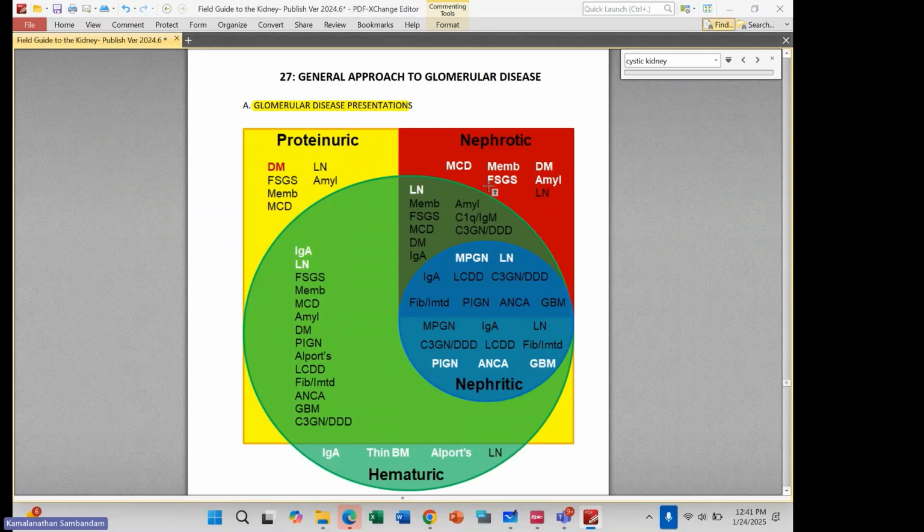Rather use the term nephrotic range proteinuria with no hematuria and preserved GFR, and then start expanding out your differential. Or subnephrotic proteinuria with hematuria, and then start looking at this segment of the Venn diagram for your differential diagnosis. Occasionally, I'm going to have an overlapping nephritic and nephrotic. And so once again, if you're using these binary terms that you presume are mutually exclusive, you're going to twist yourself in knots.